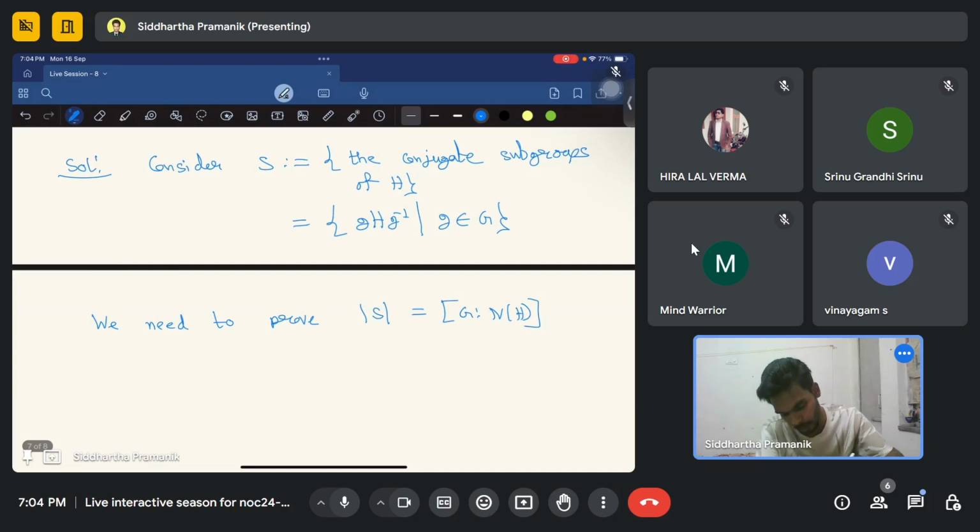How do we prove two sets have the same cardinality? We need to define a bijection between those two sets. Okay, so let's do it.